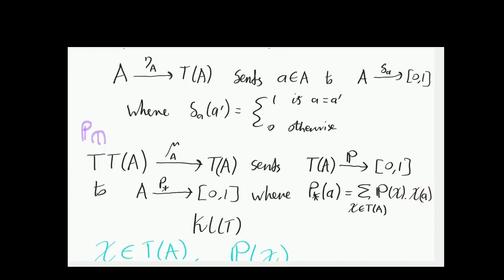So basically, the way that mu works is it takes a probability distribution over probability distributions, and then say you're interested in what the chance of a certain result little a is of coming up. Well, you just add over all the probability distributions of the probability of that probability distribution coming up times the probability that little a comes up under such a probability distribution.